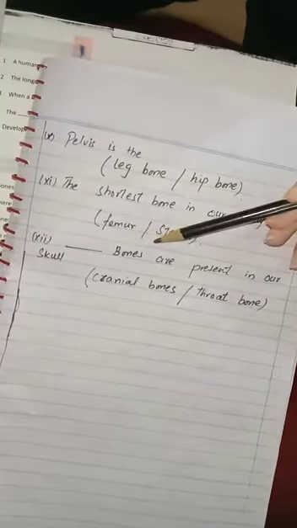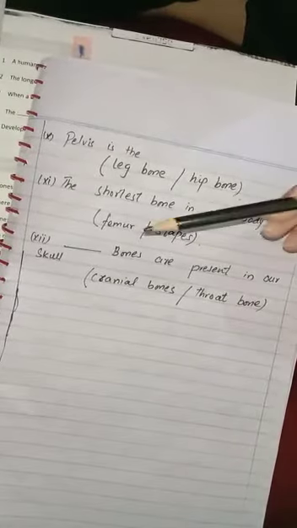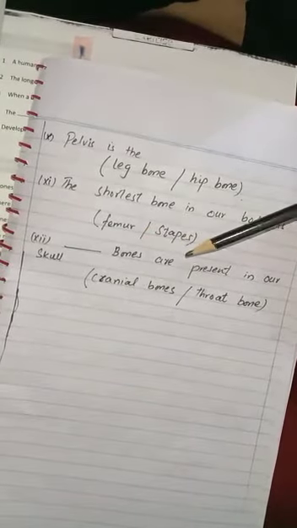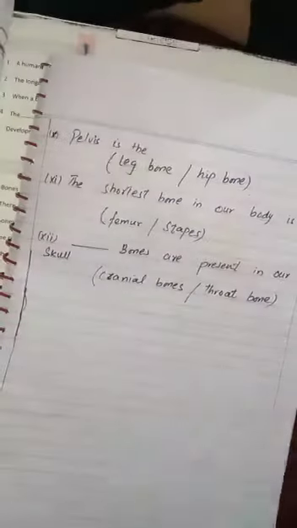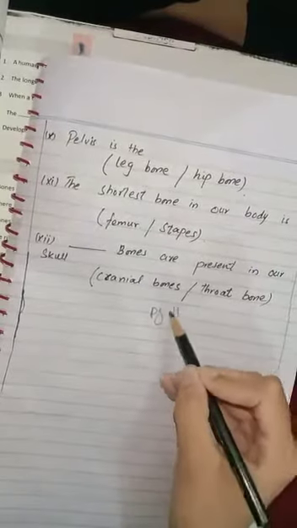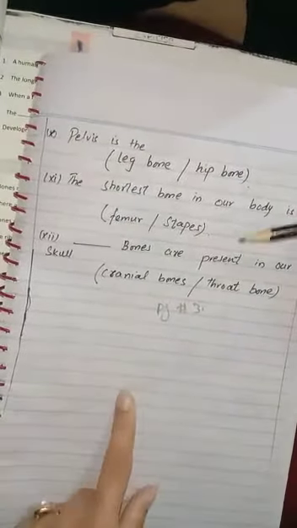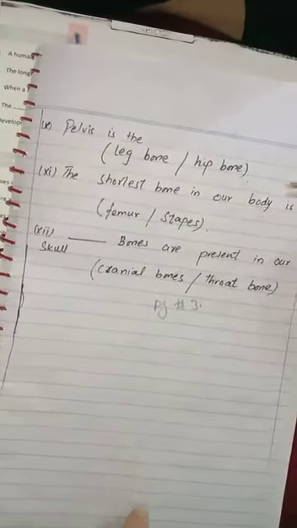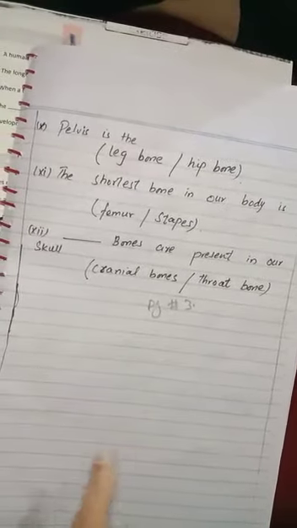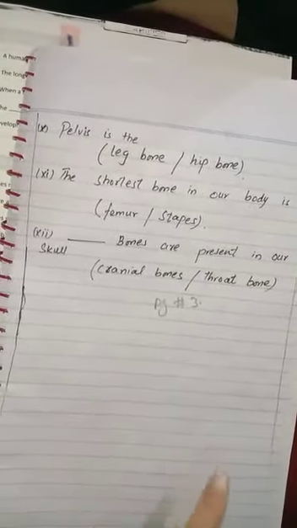And then dash bones are present in our skull. You can find its answer on page number 3. On page number 3 a table is given, and from the table you can easily get to know which bones are present in our skull, cranial bones or throat bones.